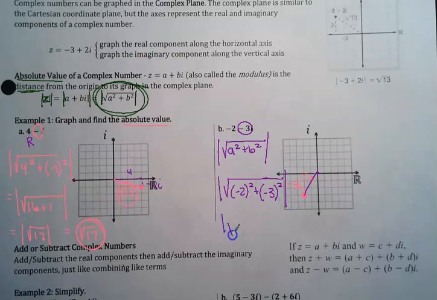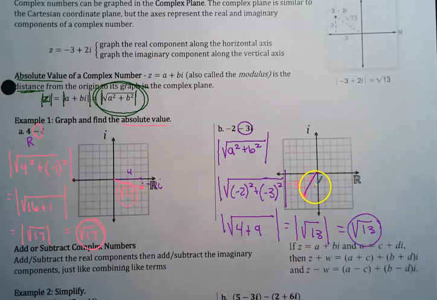So the absolute value of the square root, negative 2 squared is 4, plus negative 3 squared is 9. So this equals the absolute value of the square root of 13, which means the absolute value of the square root of 13 is just the square root of 13.